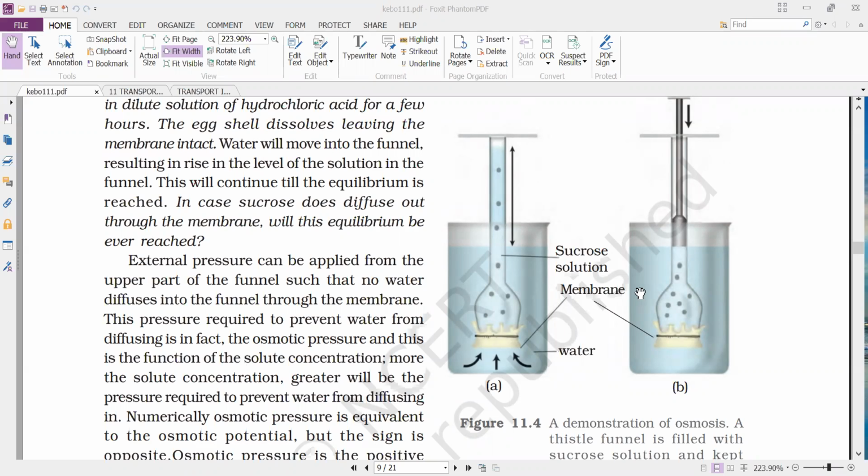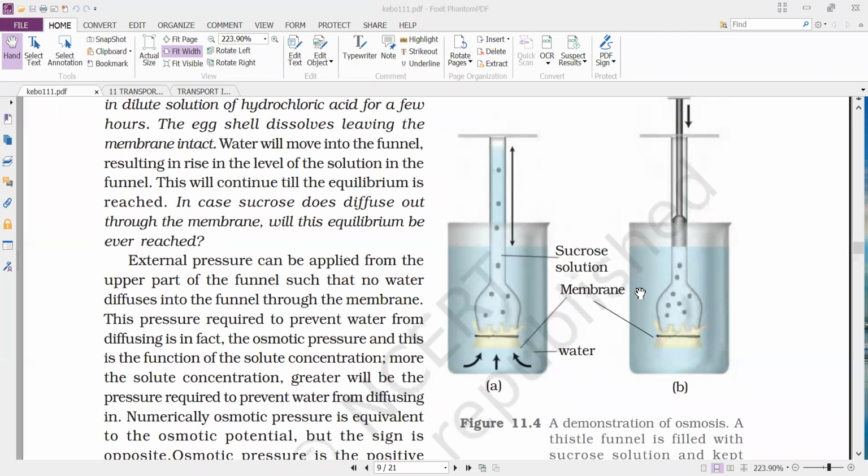That means how much pressure we have to apply to prevent the entry of water through the membrane from the region of higher water potential to the region of lower water potential. That pressure we call osmotic pressure, and it depends upon the solute concentration.